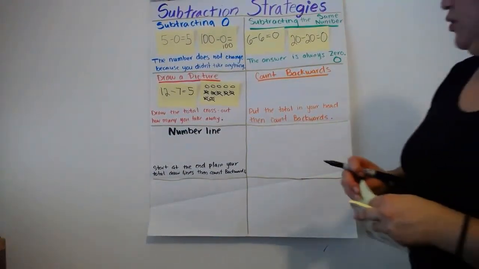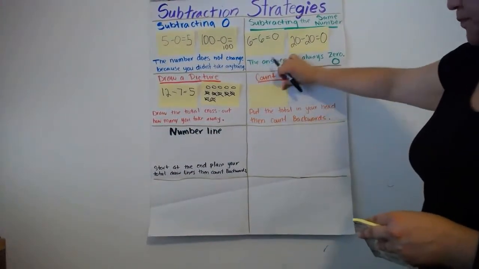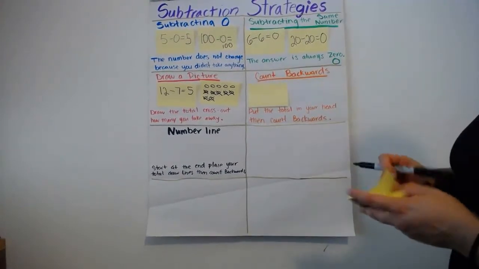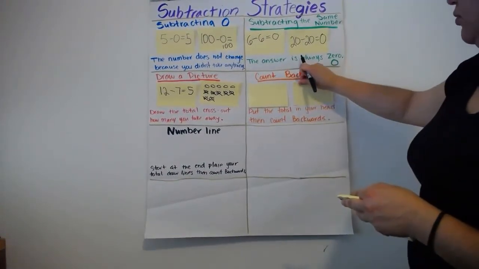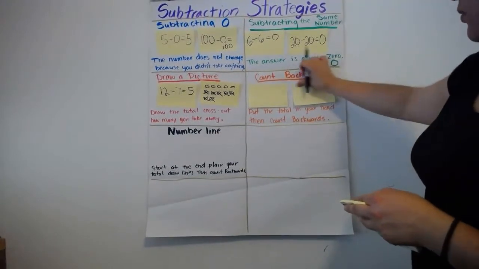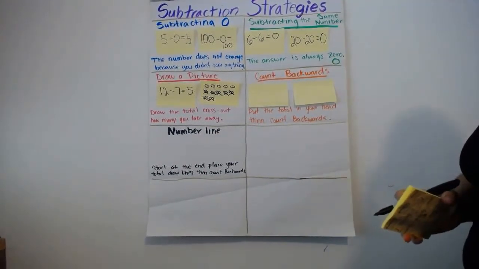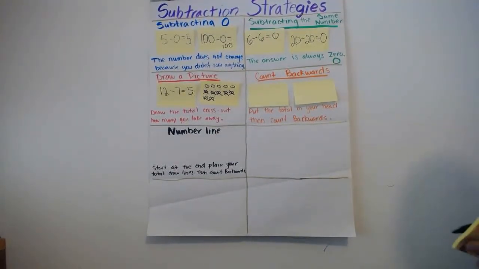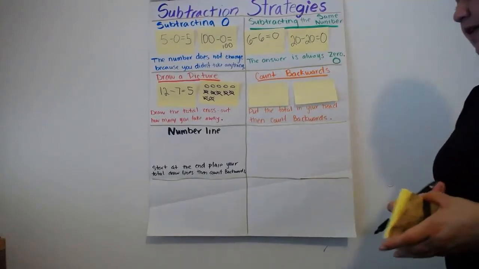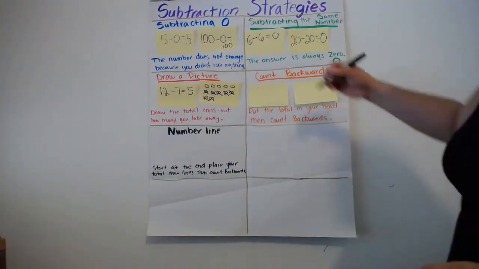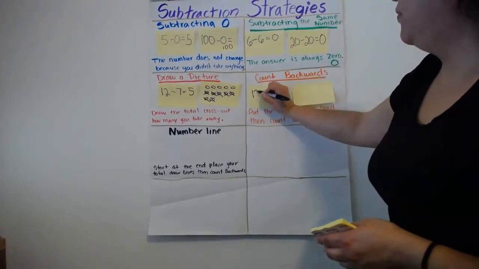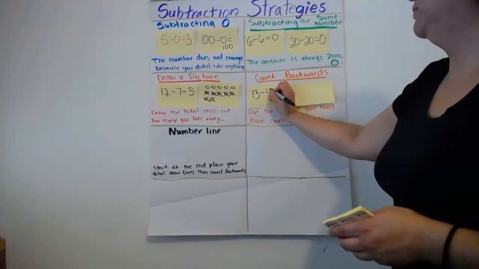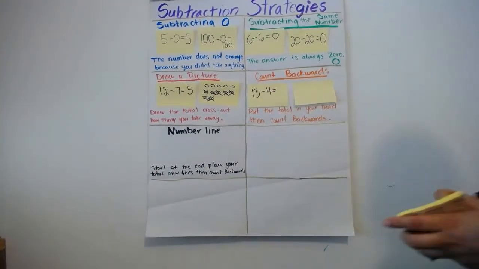Then you have the counting backwards strategy. It's kind of like when we do counting forward when we're adding. But this time, instead of looking for the bigger number, you have to put the total in your head, because that's where we start. So let's say that you had 13 minus 4 equals a number.